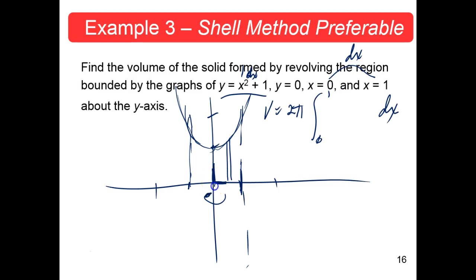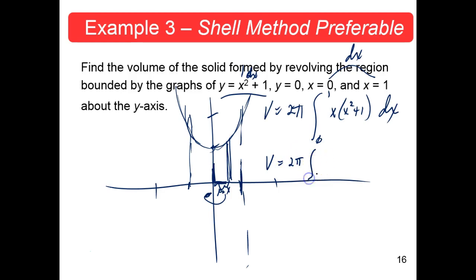And then your radius, p, is going to be x. This is going really good. Your height here is going to be x squared plus 1, and your thickness is dx, of course. Looks like picture perfect shell method. What would you do next?